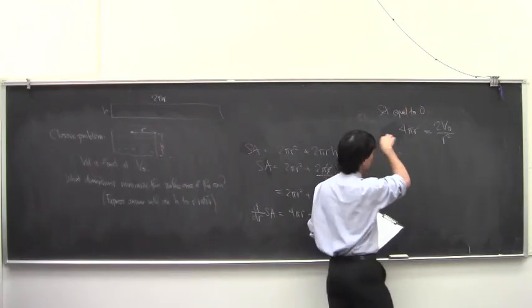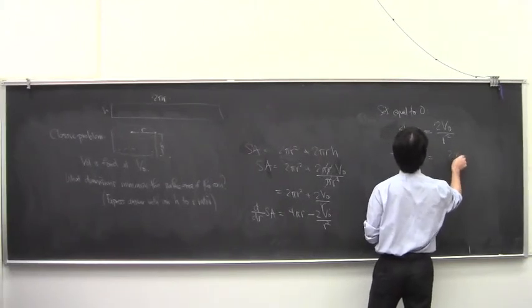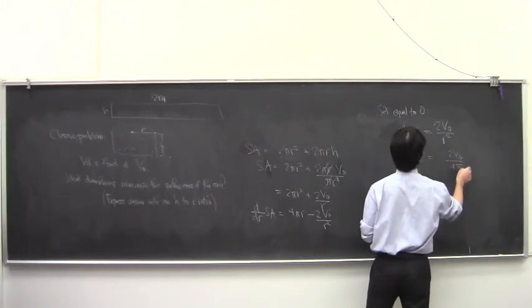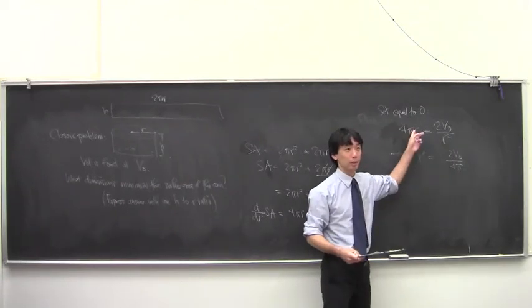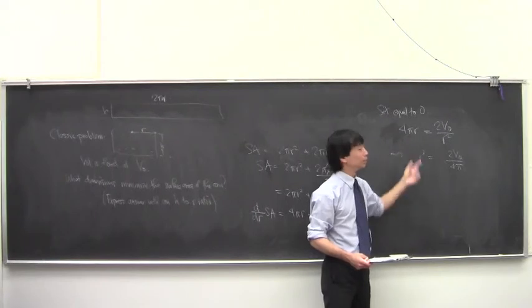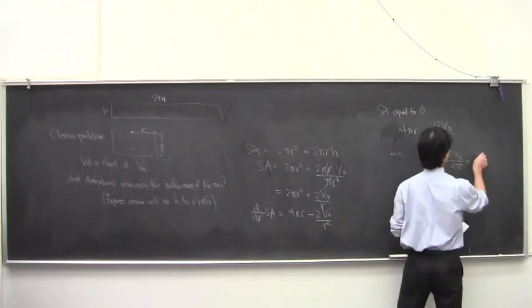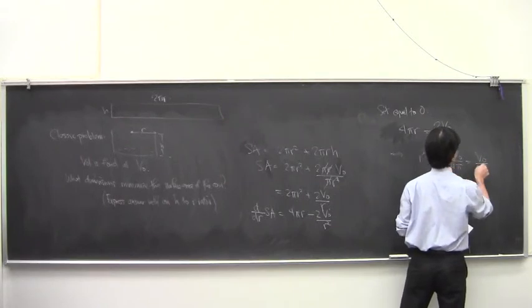Right. And so that tells us that r cubed has to be 2 v naught over 4 pi. Like multiply the r squared on both sides, divide by 4 pi on both sides. That's to say v naught over 2 pi.